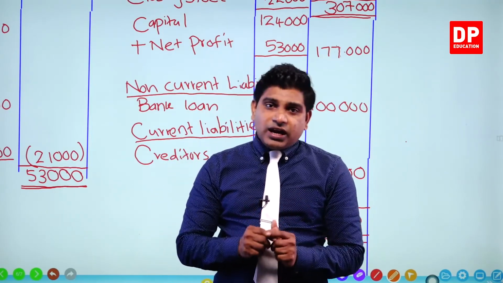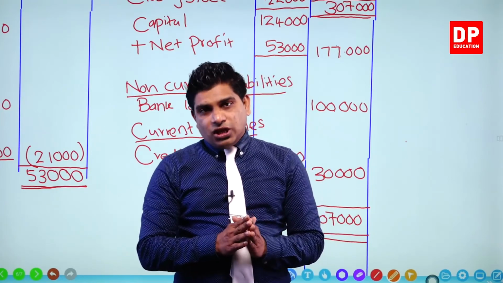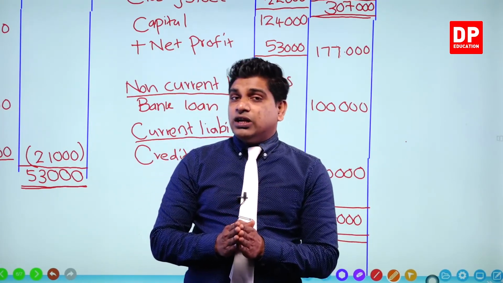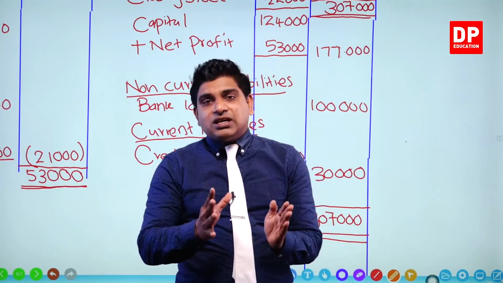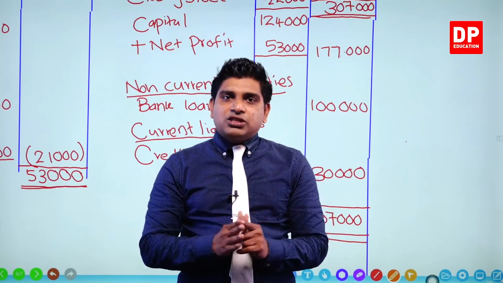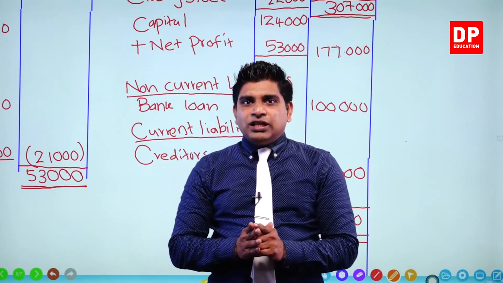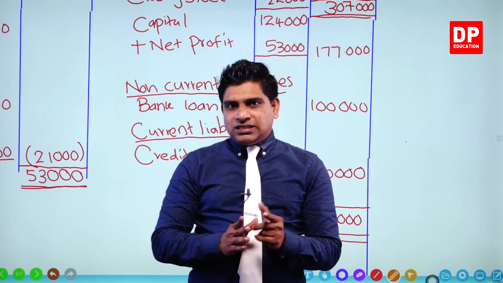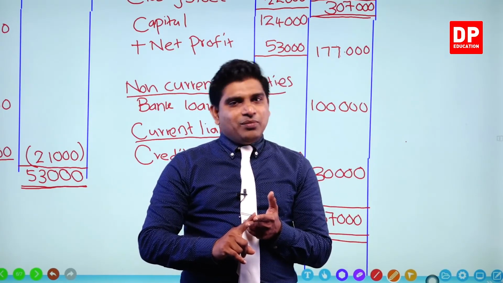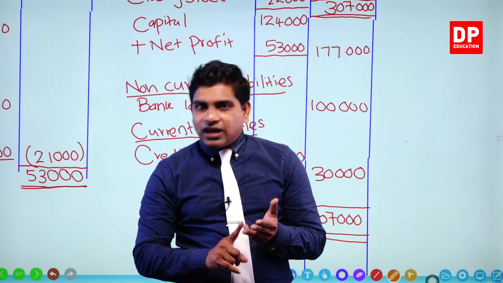Then we started how to draw statement of financial position. You remember, it is similar to the accounting equation. It is a formal presentation of the accounting equation. There we classify all the assets into two categories, non-current assets and current assets. Liability, non-current liabilities and current liability.